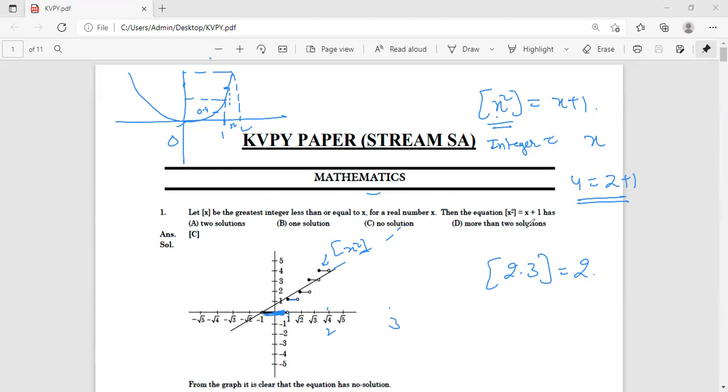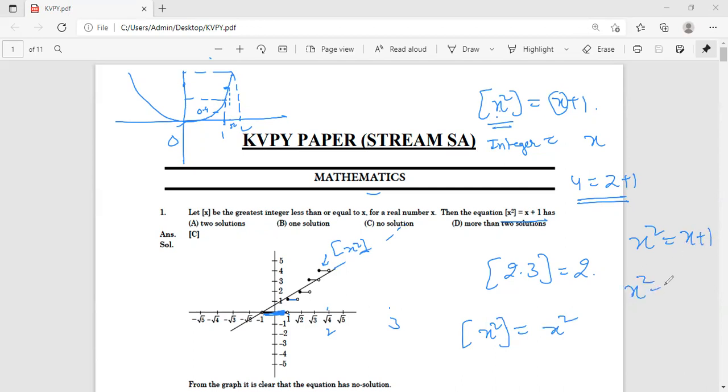If you think carefully, you can also solve it directly. See, when x is an integer, x² is also an integer. If x² is an integer, the greatest integer of x² will be equal to x² only. So the simple equation is x² = x + 1.